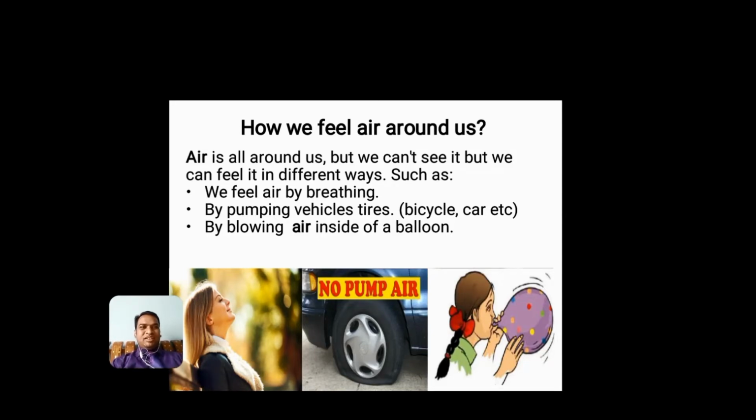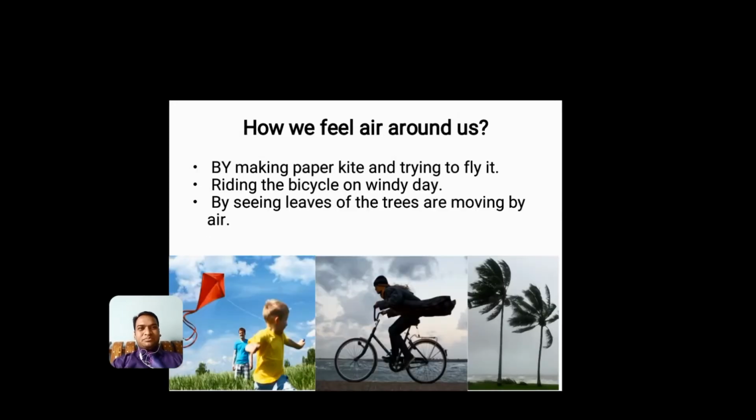In this way you can feel the presence of air. There are some more, like making a paper kite and trying to fly it in the sky. Without air you cannot fly the kite. Then riding a bicycle on a windy day, and seeing leaves of the trees moving by air. These pictures all show the presence of air. You can understand very easily.